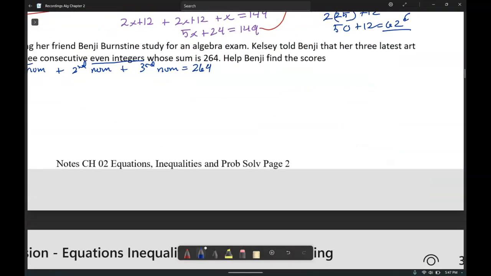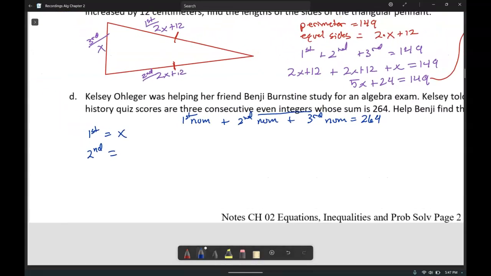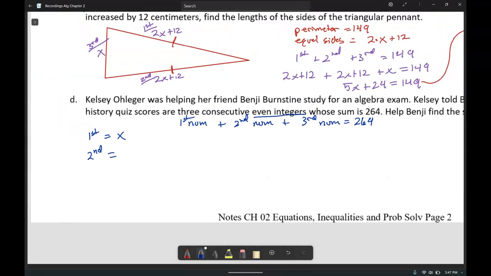So we know that our second integer will be the first one plus 2. And the third one will be the second one plus 2, which is just x plus 4. And so now we have our numbers. x plus x plus 2 plus x plus 4 equals 264.